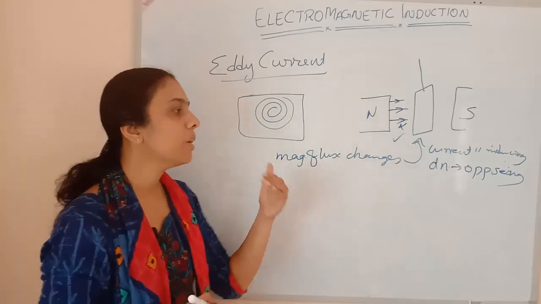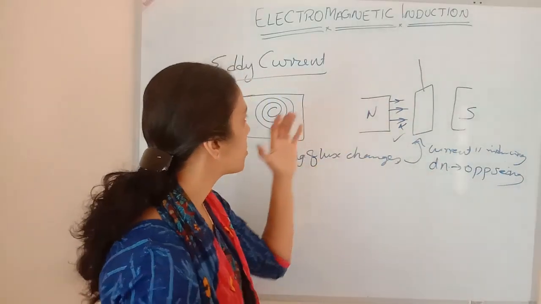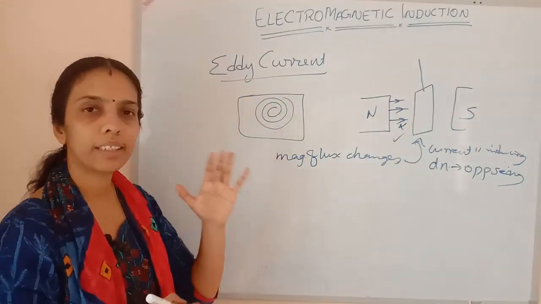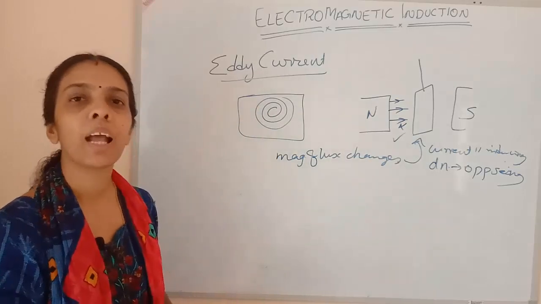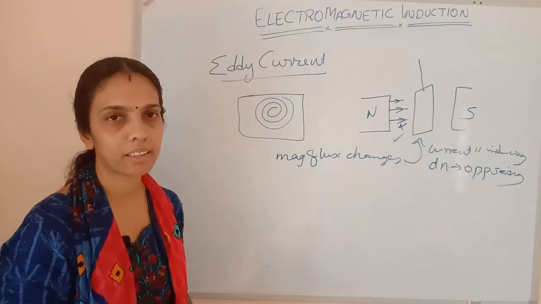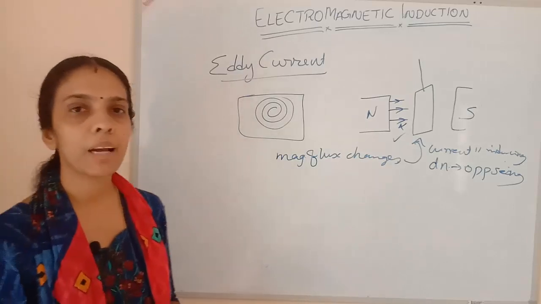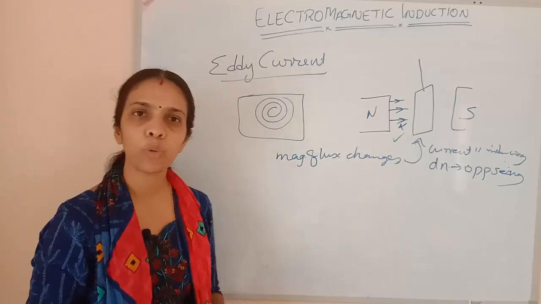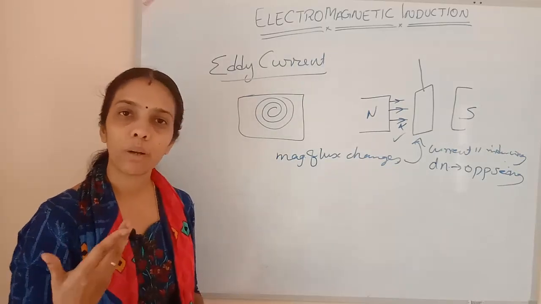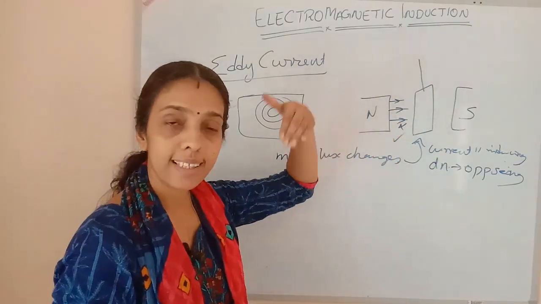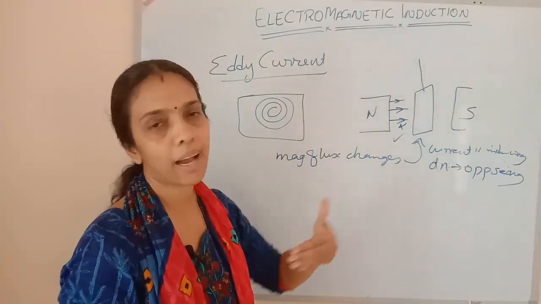So you understood what is happening with eddy current. When a plate of conductor is present in a magnetic field and the magnetic field is changing, current is induced in the circuit. If it is a permanent magnet, we can't change the magnetic field, but an electromagnet can change the magnetic flux.